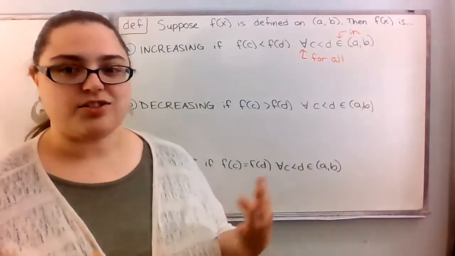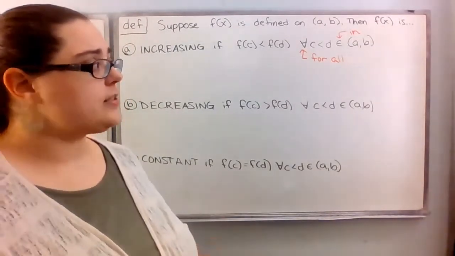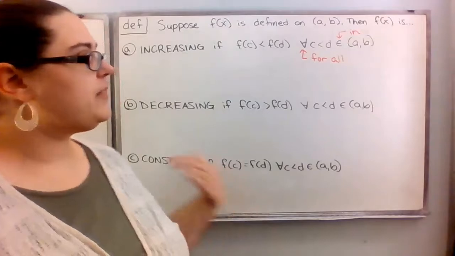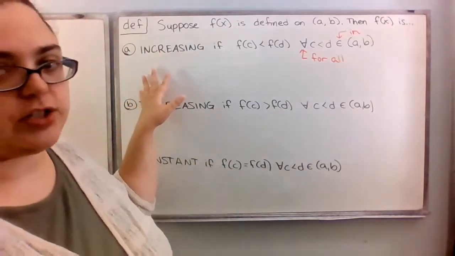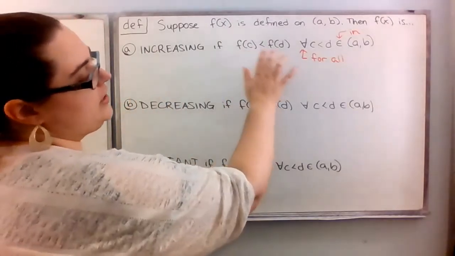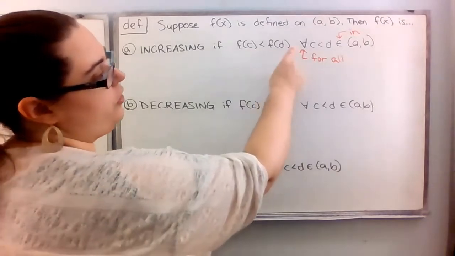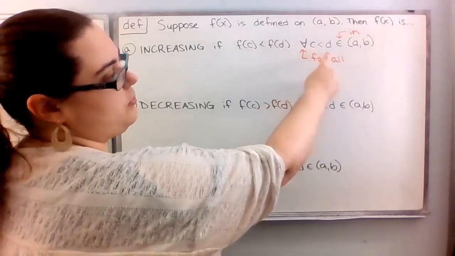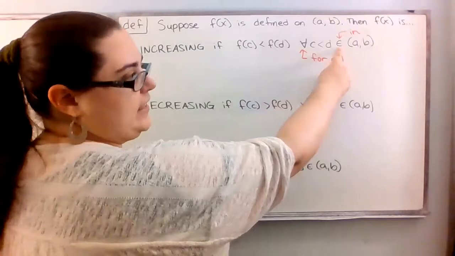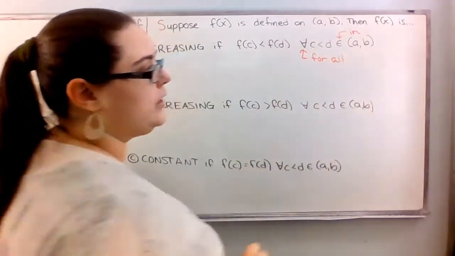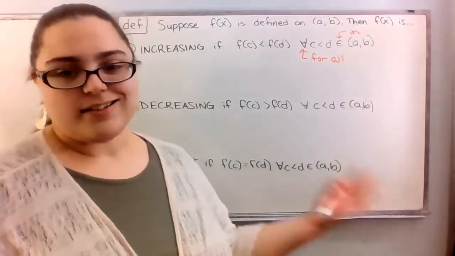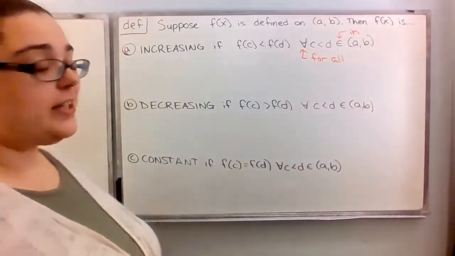These are some set notation shorthands to say something like, we're going to be an increasing function if f of c is less than f of d for all c values that are smaller than d values in the interval a to b. And then similar definitions for decreasing and constant.